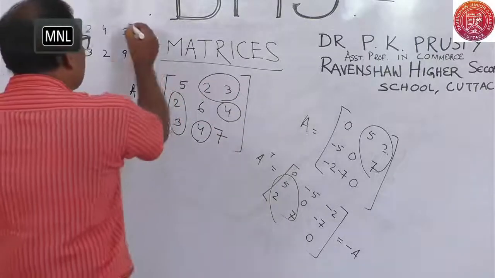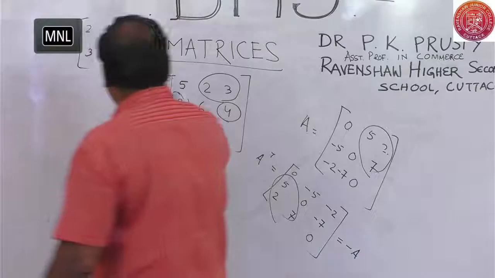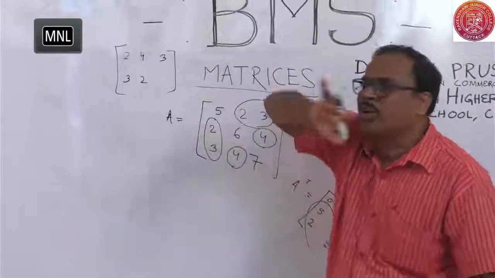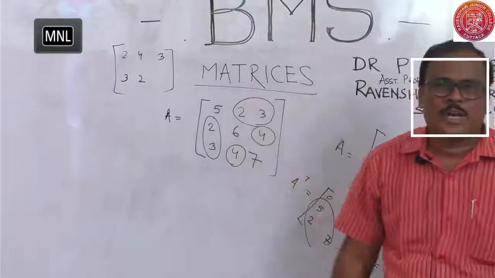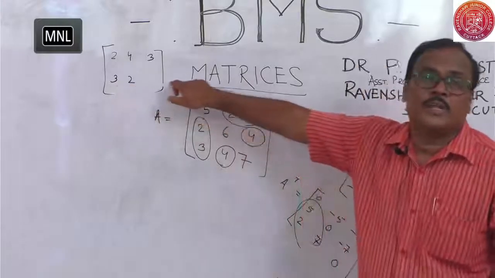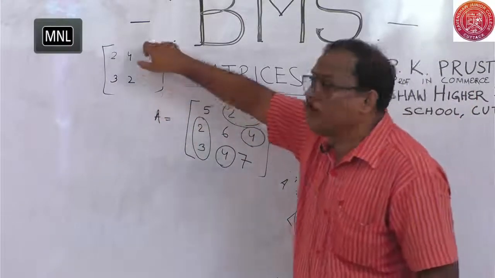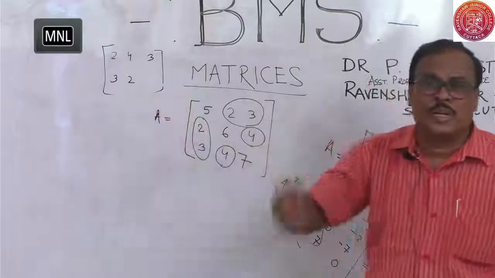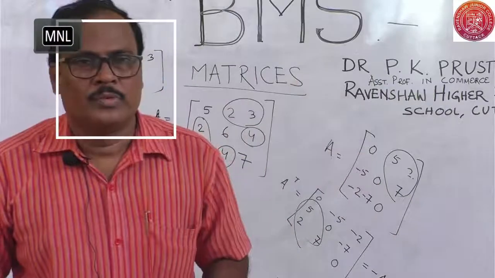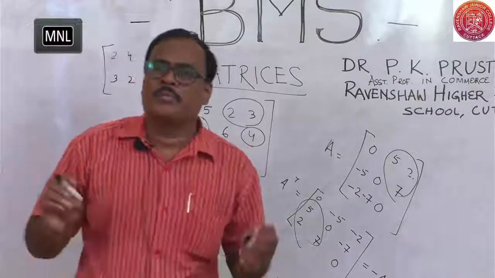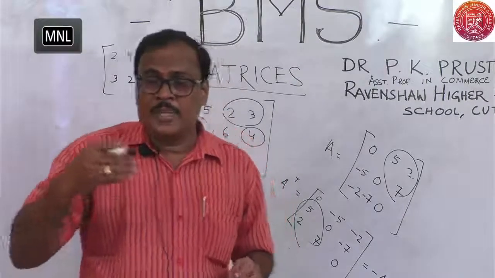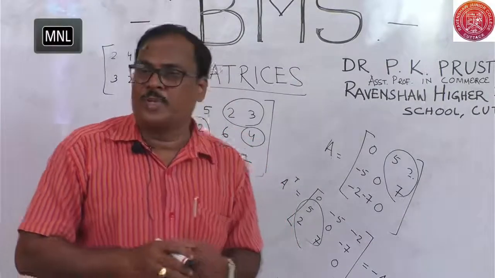Also, if the square bracket is given but an element is not given, this is also not a matrix, because the second row is not completed. And if the third column is not completed, we cannot say that it is a matrix. Now, I think you have understood all these three points. If there is any problem, you can ask.